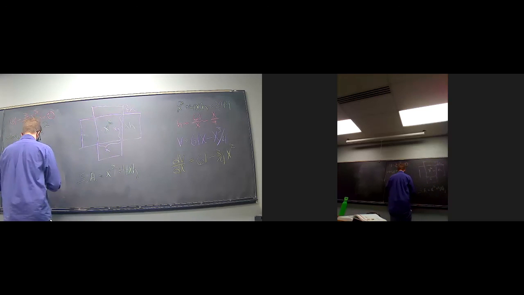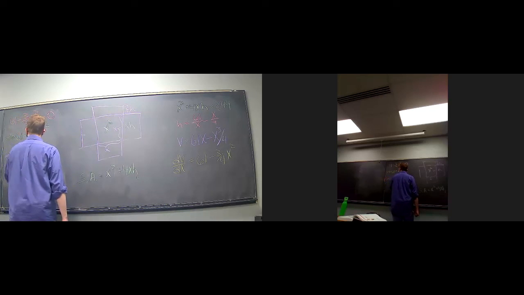This is going to give us that 61 is equal to 3/4 x squared. Multiplying both sides by 4, and then dividing by 3, 244 divided by 3 is equal to x squared.